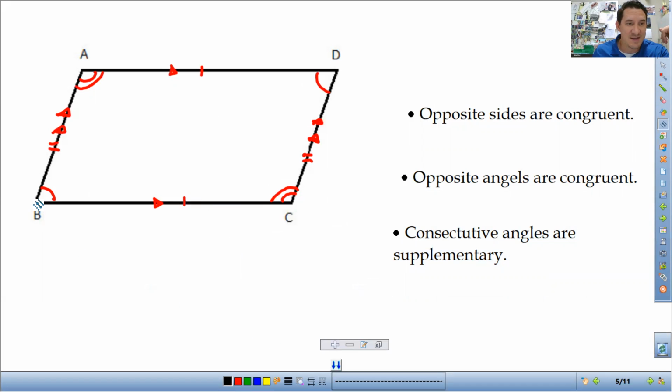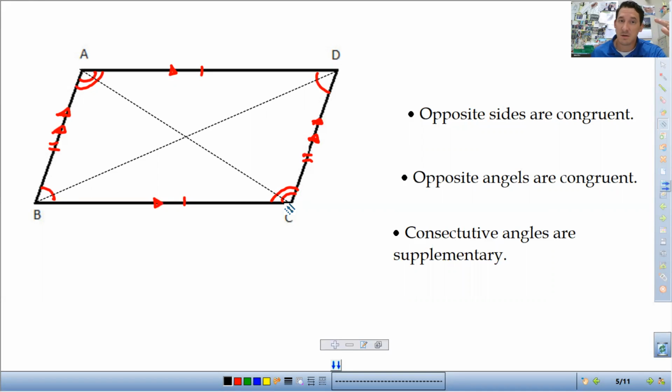And the last one we're going to talk about is the diagonals. If you connect the opposite vertices to each other with segments that cut across diagonally, they are called diagonals, right? Makes sense. The diagonals bisect each other.